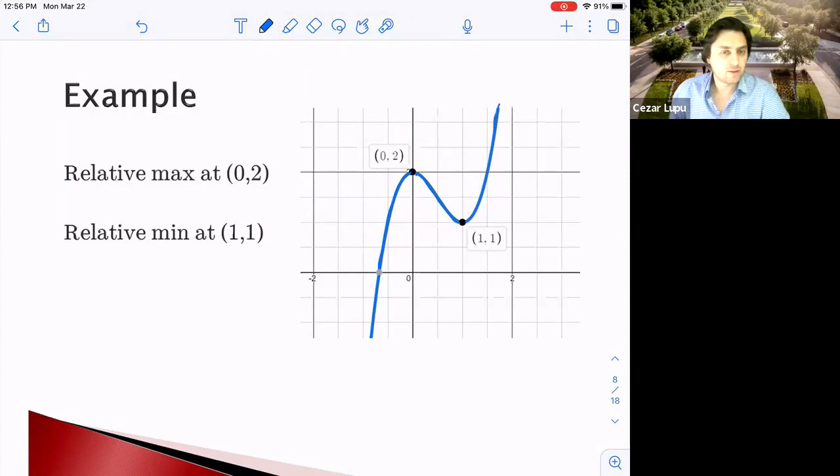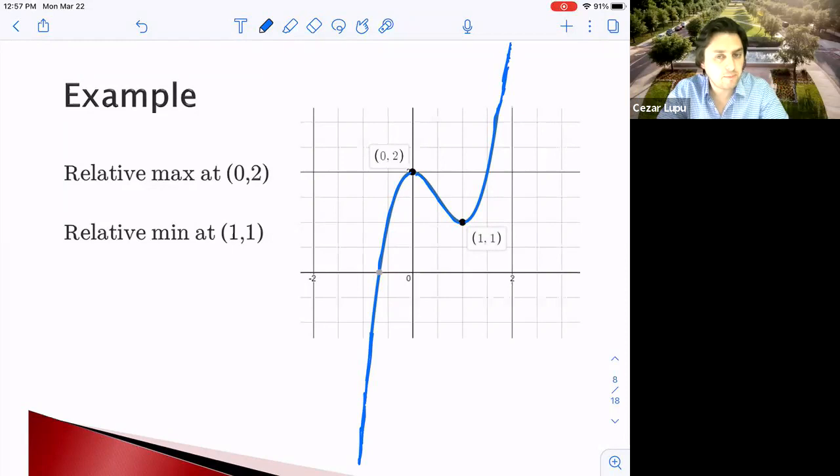Let me ask you something. Do you see any absolute max or absolute min? By just looking at infinity, because it goes all the way down here, it depends on how it's defined. But usually if it's defined on the real line, it goes all the way from negative infinity to positive infinity.